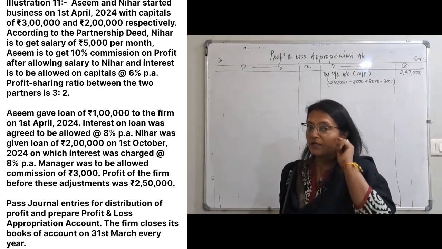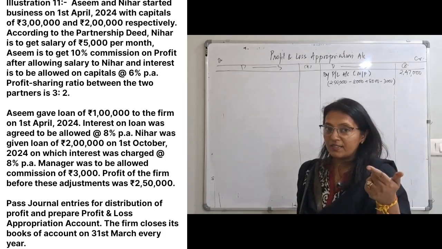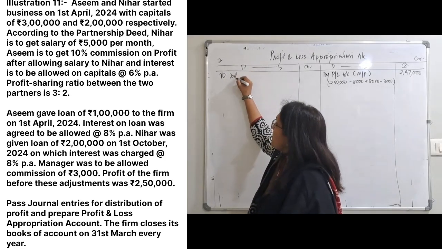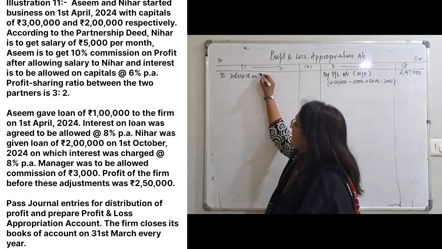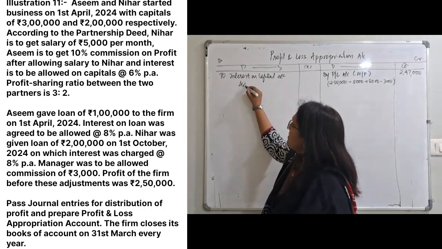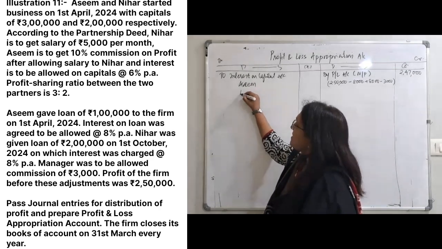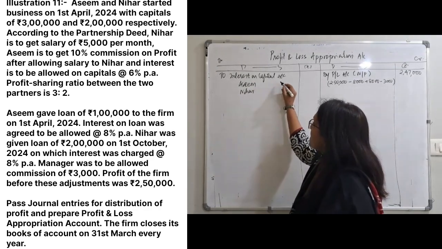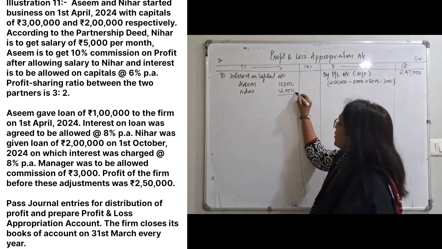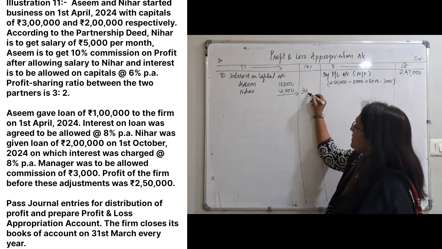We have transferred the interest on capital to profit and loss appropriation. So interest on capital: first is Asim, then Nihar. Asim we gave 18,000, Nihar we gave 12,000. Total interest on capital is 30,000.